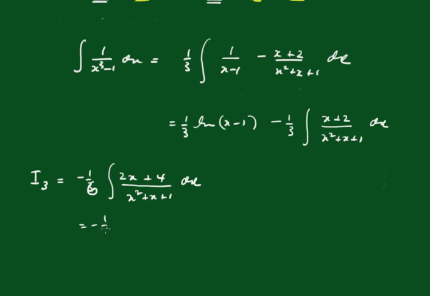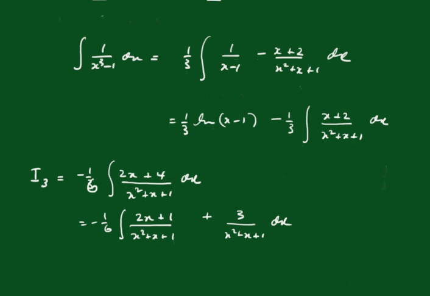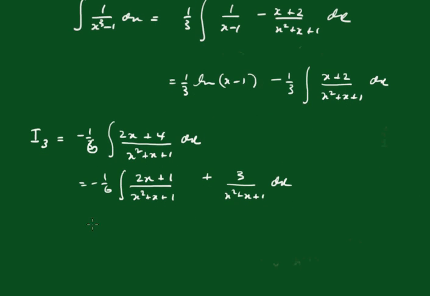And now we'll write this as (2x plus 1) plus 3 over this (x squared plus x plus 1) dx. Really got to concentrate now. Now this one is simply minus 1/6 the log of x squared plus x plus 1.